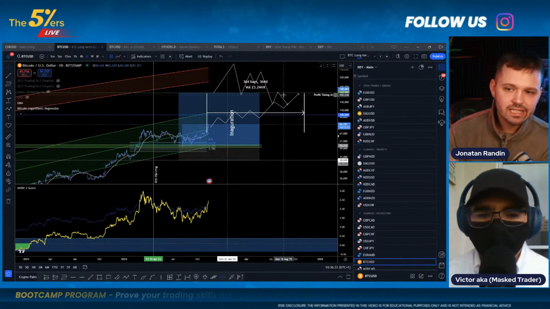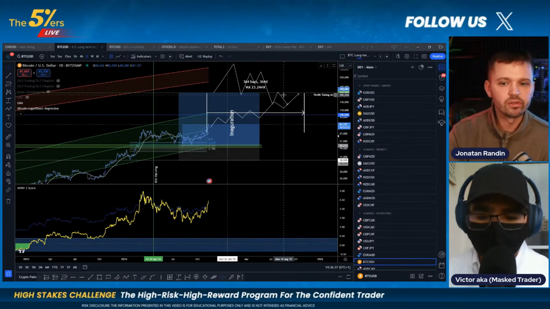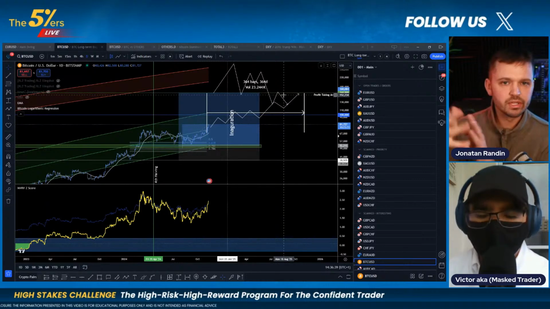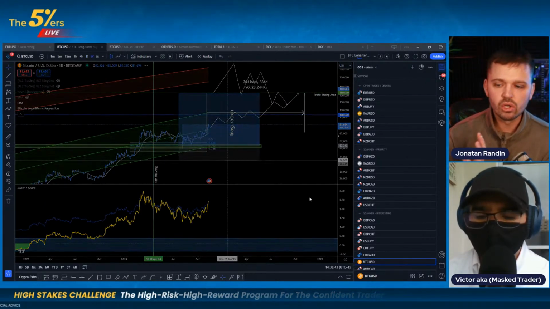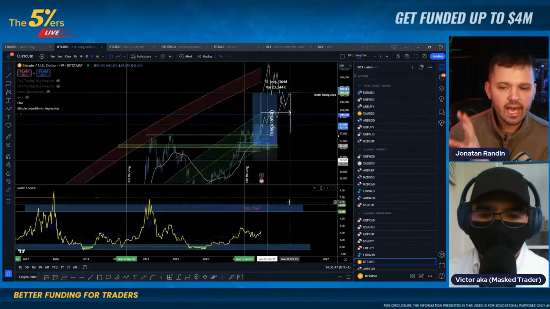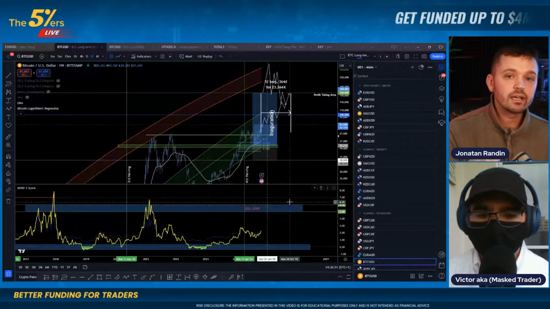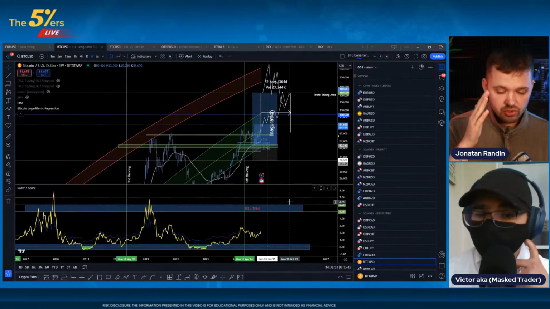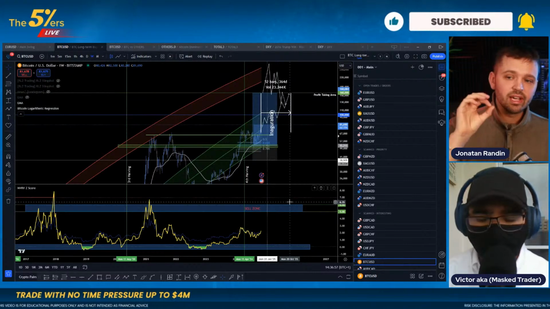These are some of the patterns that I'm looking at: a head and shoulders, a break of structure, whatever, with breaking important EMAs and support, while of course the MVRV Z-score is in the sell zone and you have max euphoria.